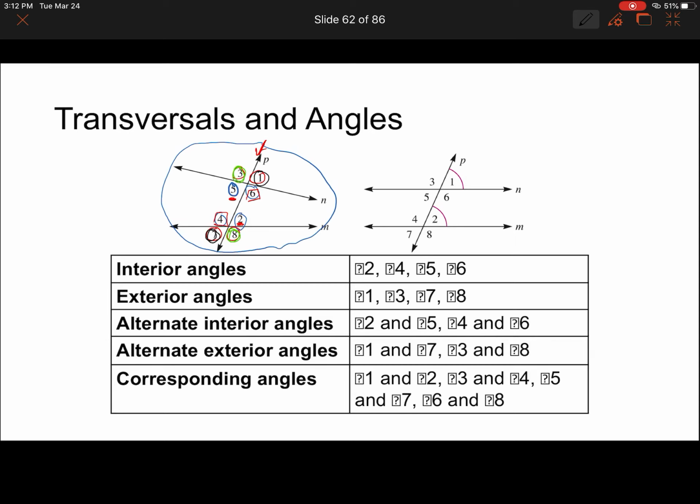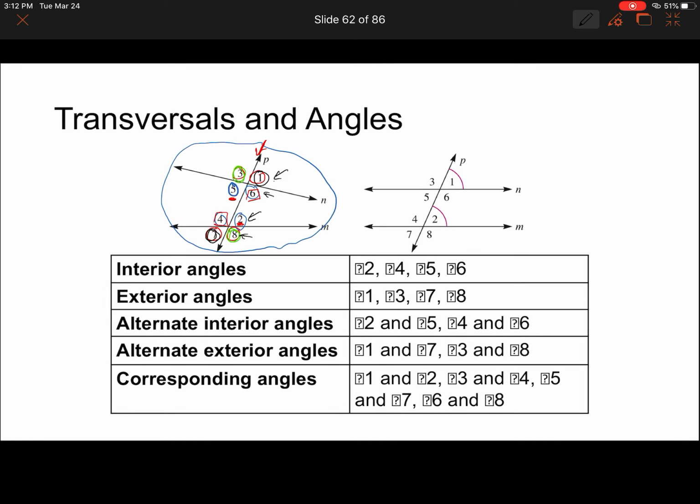And then corresponding angles are angles that are in the same location in the top as they are in the bottom. So for example, angle 1 and angle 2, so this angle and this angle, are both in the top right location. And so they're corresponding.